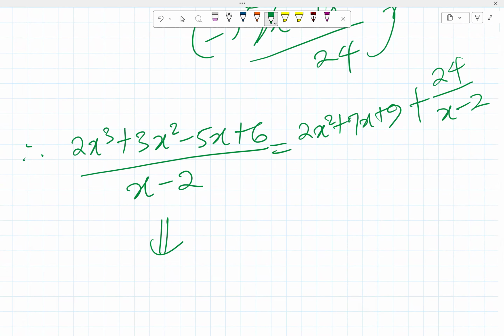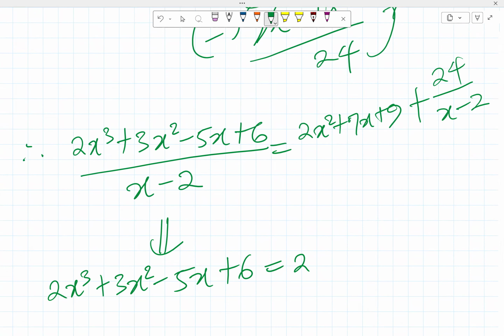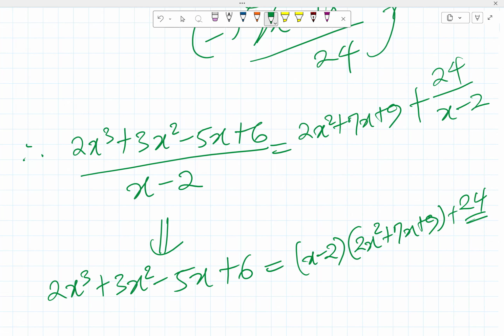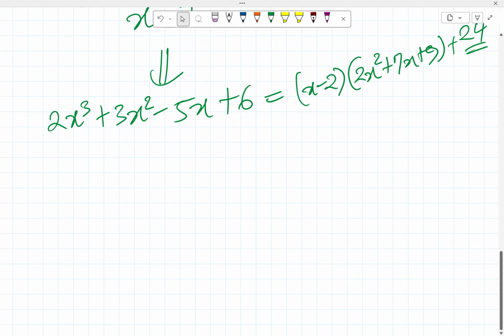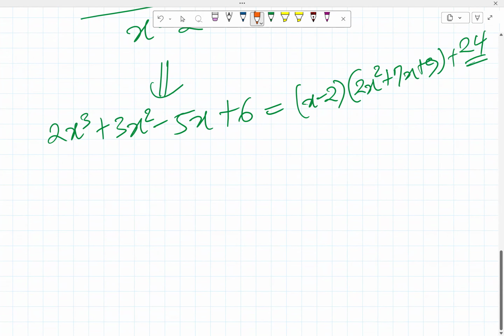This is the same thing as 2x cubed plus 3x squared minus 5x plus 6 equals x minus 2, the divisor, multiplied by the quotient 2x squared plus 7x plus 9. Then x minus 2 cancels out there. So you just have 24 as your remainder right here. So from that initial expression, what we have is that this guy now is f of x.